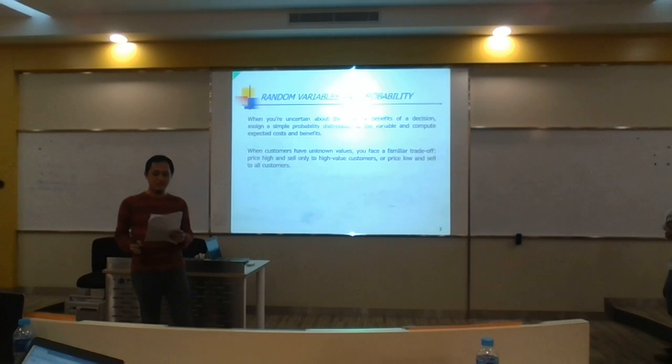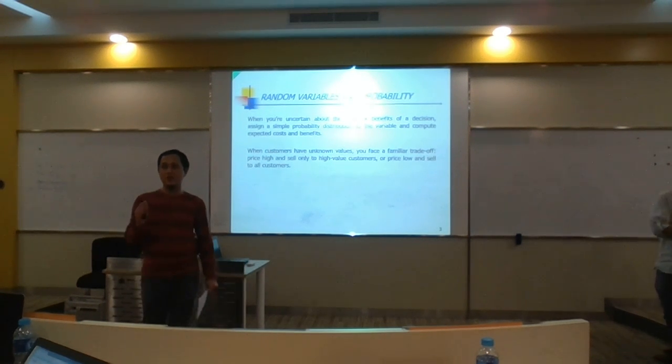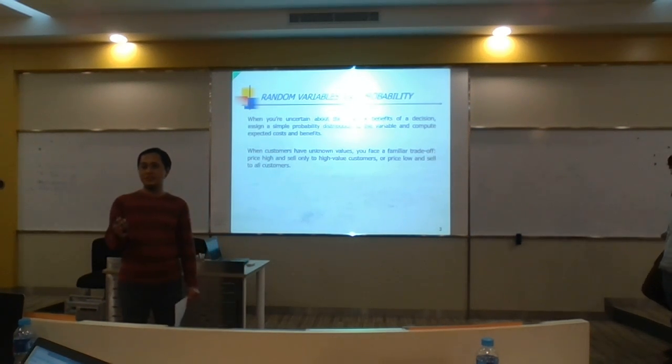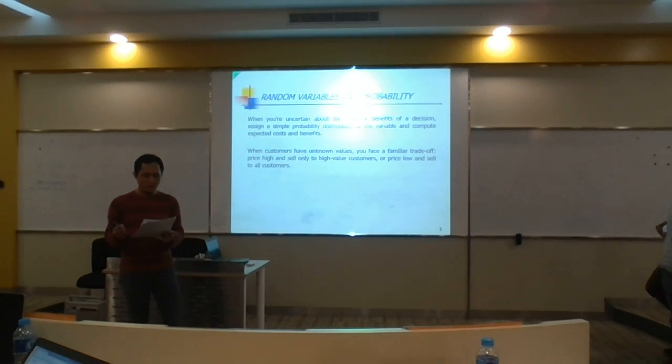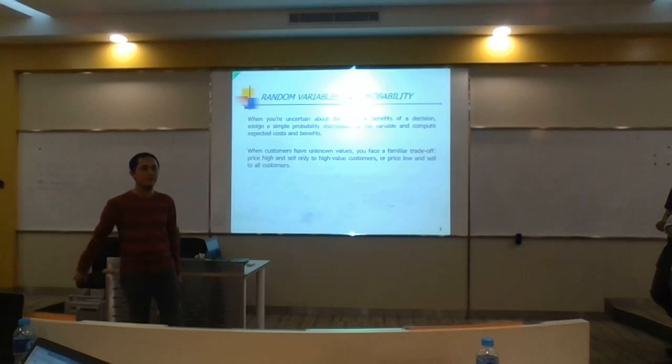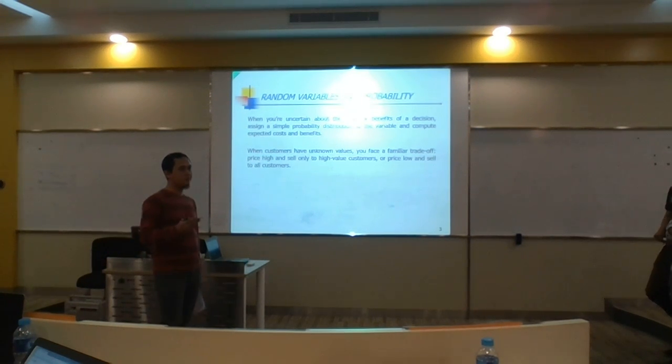This chapter shows alternatives on how to make decisions in uncertainty. It shows you how to quantify the uncertainty by replacing known quantities with random variables, which we will describe later on.